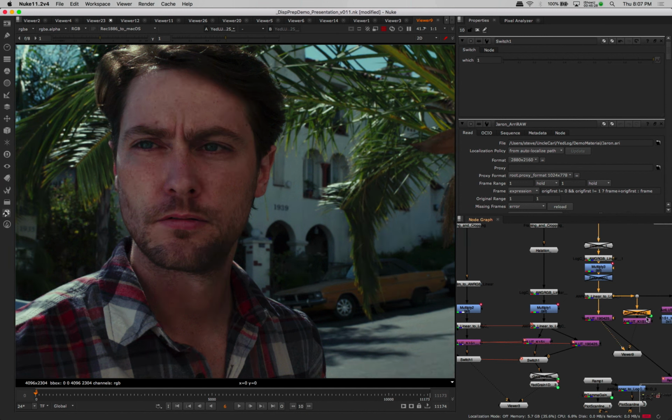And if I tried to match the two of them with lift gamma gain, which is not the only thing in a color corrector, but is usually what gets used for real in color correction, we get something like this. That's still pretty different. And not only that, by making them more similar, I've actually shown how different these looks are.